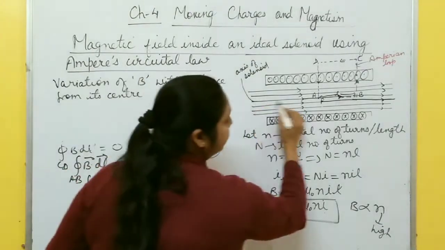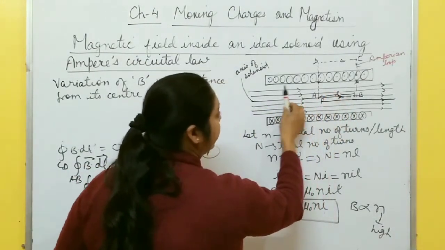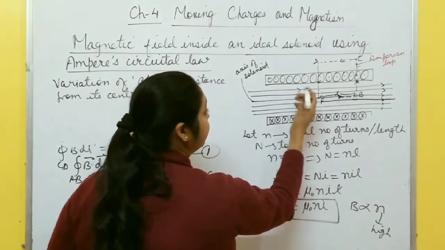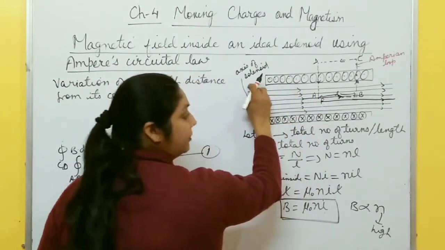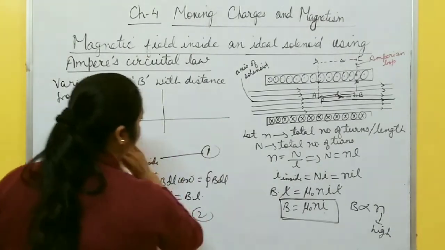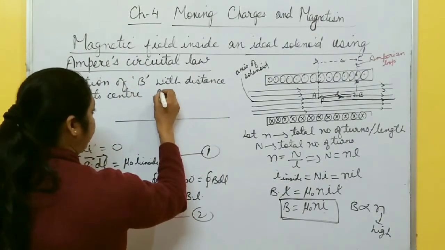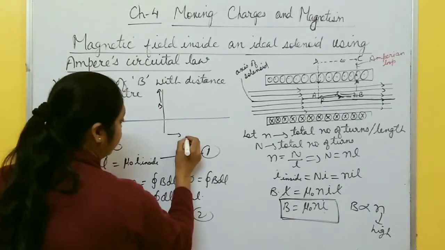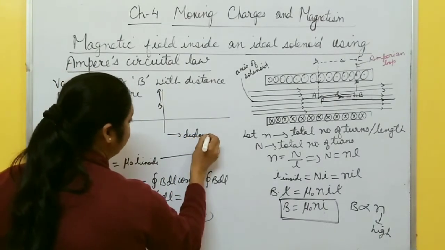Suppose this is the axis of the solenoid, and how the magnetic field varies when you move towards the end of the solenoid. Let us suppose like this: this side is magnetic field and this side is distance along the axis of the solenoid.